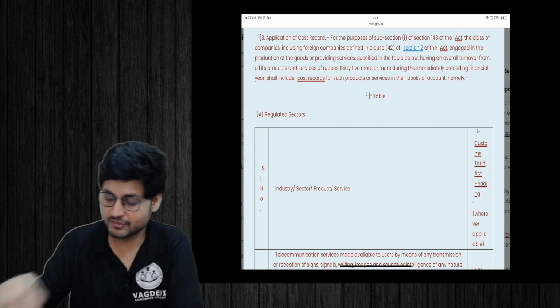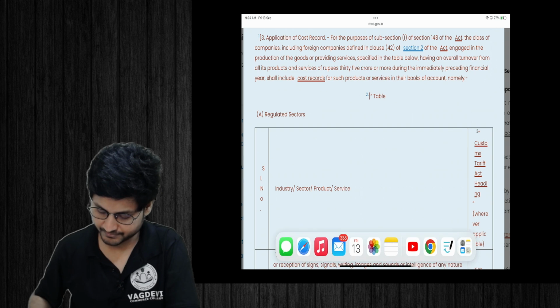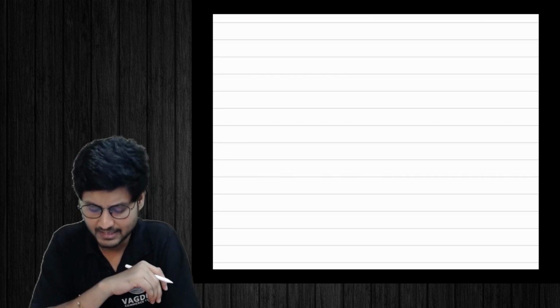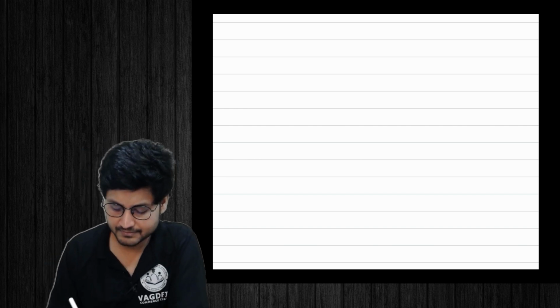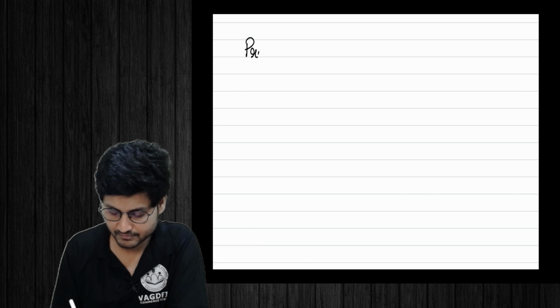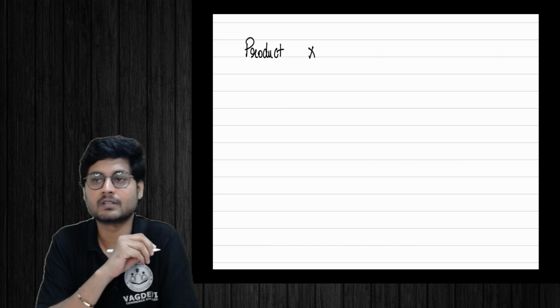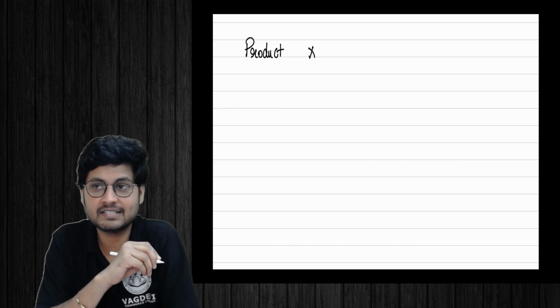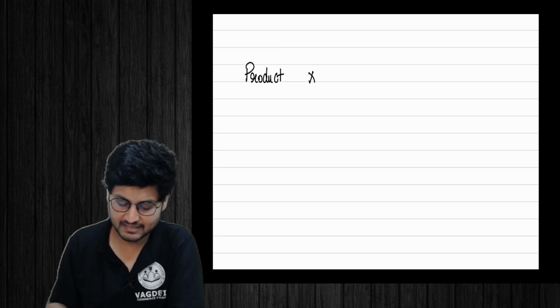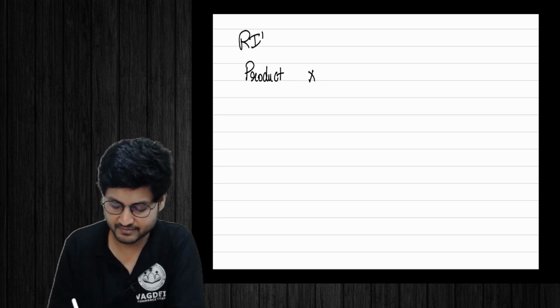Okay. The importance of this rule, let me discuss now. Let me explain with an example. Let us talk about, there is a product X which is being manufactured by some company called RIL, Ravi Industries Limited.